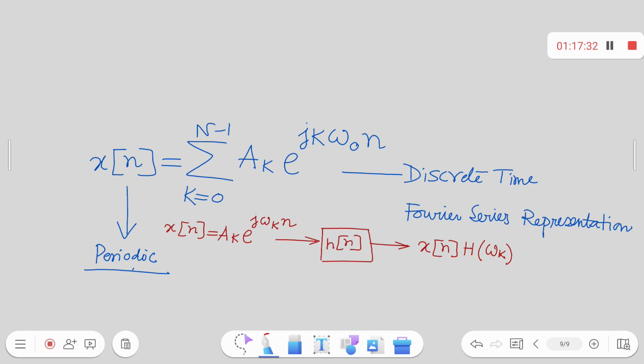Omega 2, x of n H of omega 2. Now if it is a0 e to the power j omega 0 n plus a1 e to the power j omega 1 n plus a2 e to the power j omega 2 n plus a3 e to the power j omega 3 n plus a4 e to the power j omega 4 n and so on, then it will be the summation of the individual outputs, because it's an LTI system.